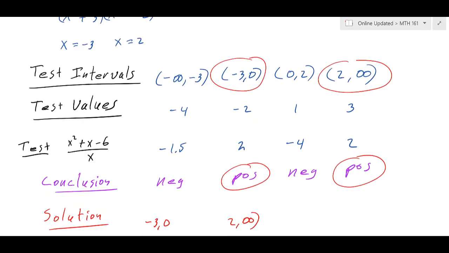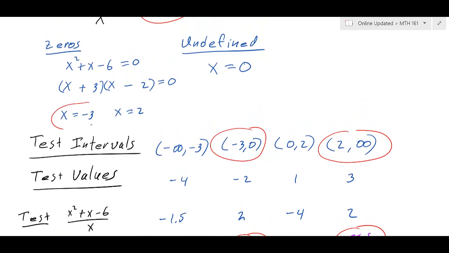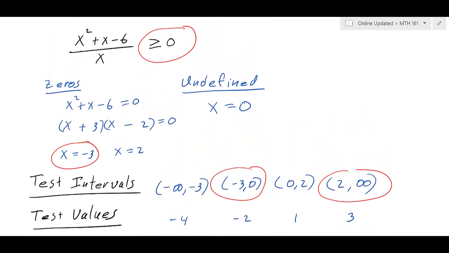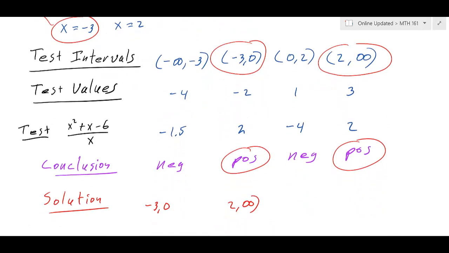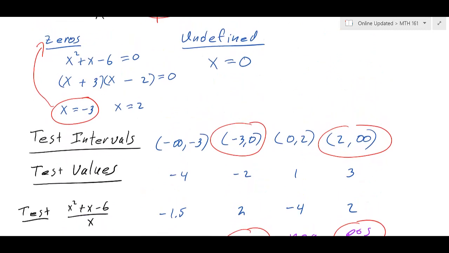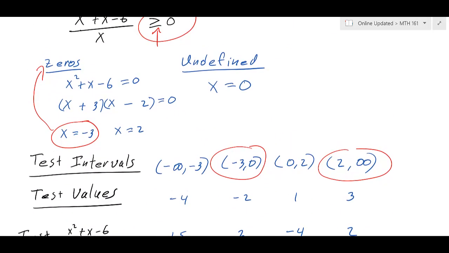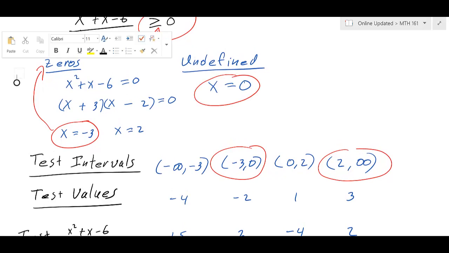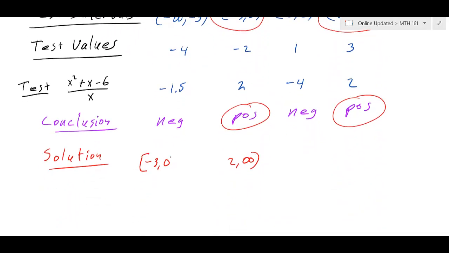Well, we know we're going from negative 3 to 0 and from 2 to infinity. So if we check, negative 3 is what makes the inequality 0, and it says that it can be greater than or equal to 0. So therefore, negative 3 is a solution. Now, the 0 is where we're undefined, so that is not part of the solution, so we would use parentheses.